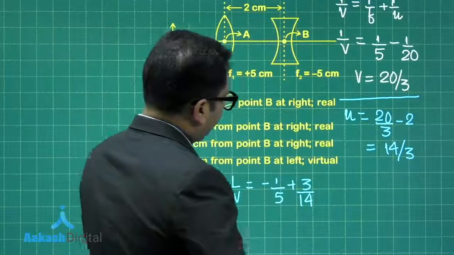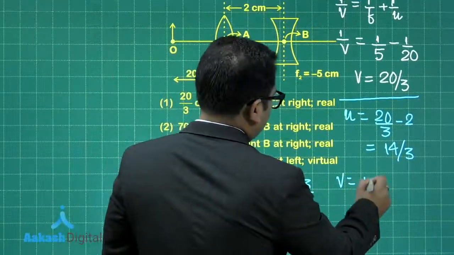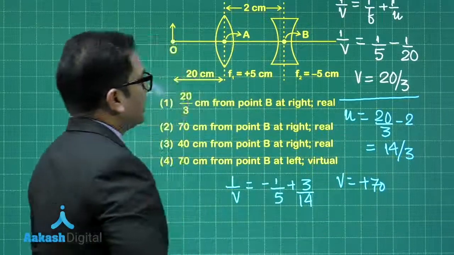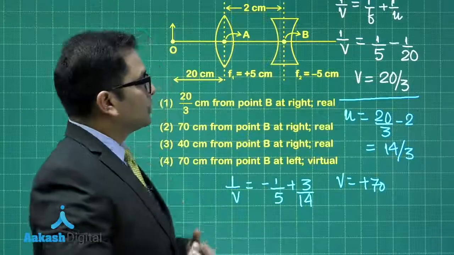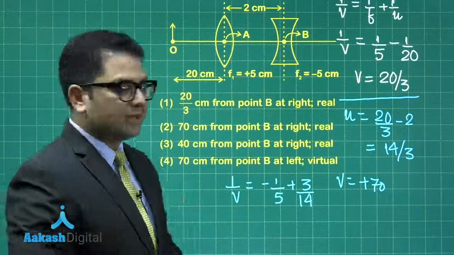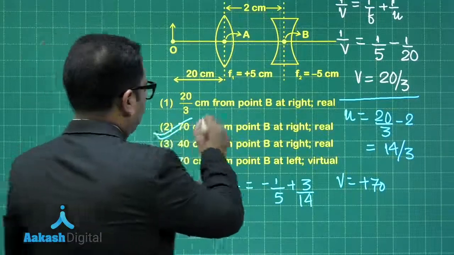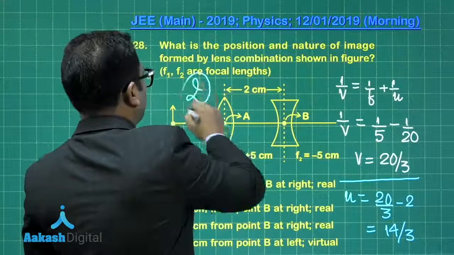Now if I calculate this expression, the value of V is going to be plus 70 centimeter. Therefore, the image will be 70 centimeter to the right of B, and that would clearly be a real image. So the correct option for this question is option number 2.